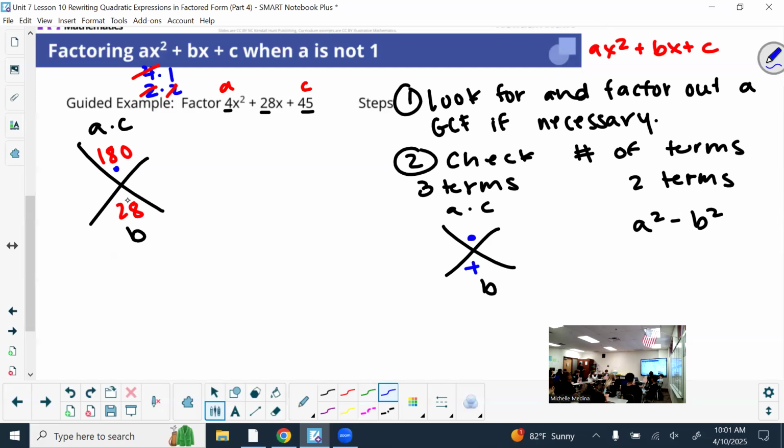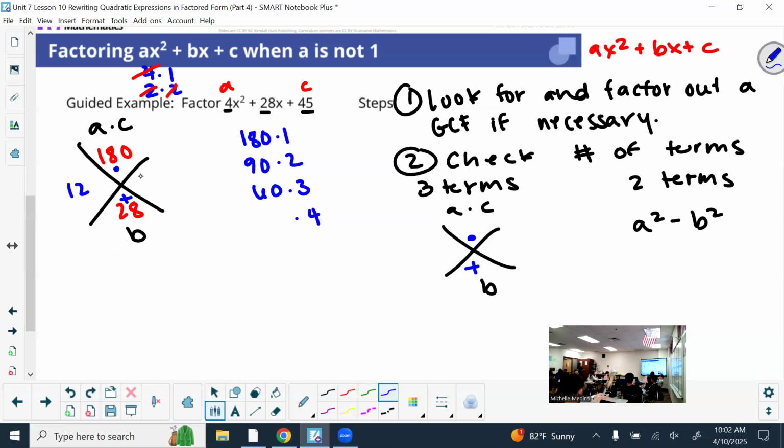Now, everyone think about it. Don't say it yet. There are a lot of factors of 180, so that's where it can be kind of frustrating for some people. For some people, it might come really fast. Does anyone know already what 2 numbers multiply to 180 that add to 28? If you have it, you can tell me. Yeah, 12 and 15.